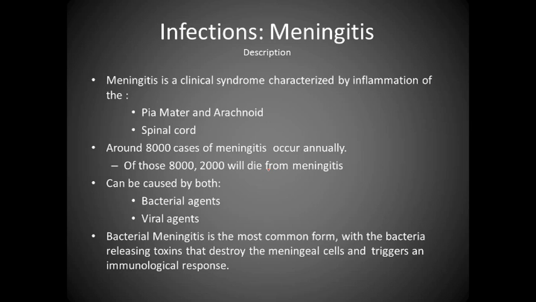Bacterial meningitis is the most common form, with the bacteria releasing toxins that destroy the meningeal cells and trigger an immunological response. And so that's how the process actually occurs. The bacteria kills off meningeal cells, and the body initiates an immunological response, which may or may not be effective.